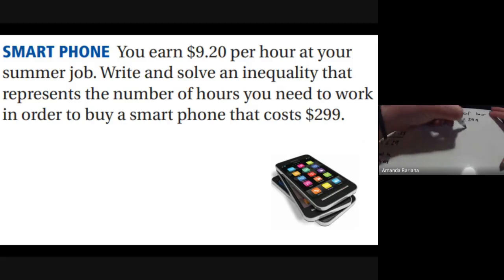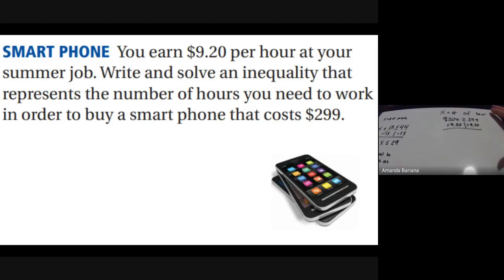Let's solve it. Find out how many hours I actually need to work. So I had 9.20x is greater than or equal to $299, so I'm going to divide here by $9.20. So once again, my 9.20s cancel, and I'm left with just that x is greater than or equal to, because I did divide by a positive value.